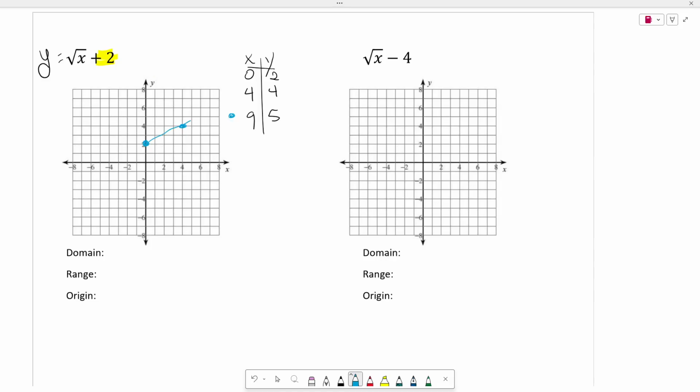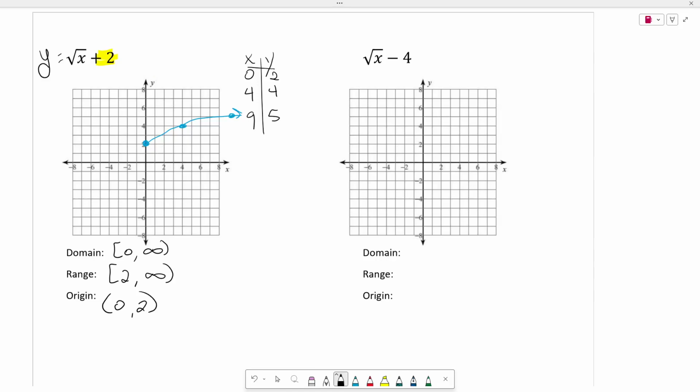So it looks just like the parent function, except it's moved up 2 places. My domain goes from 0 to infinity. The range would go from 2 to infinity. And my origin, or the starting point of the graph, would be at (0, 2).